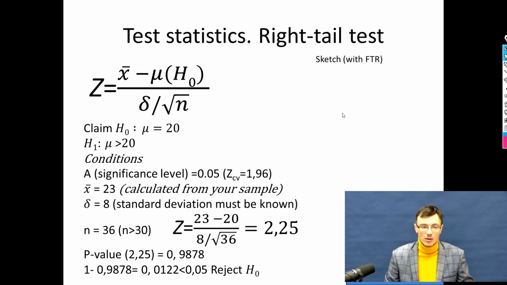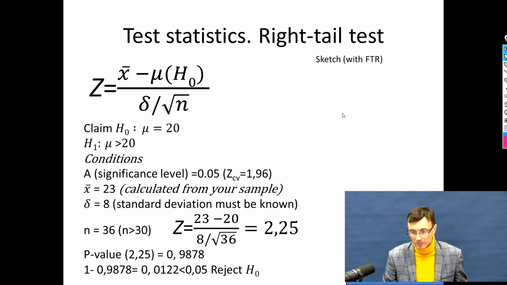But now we're claiming that it's not 20 and it is more than 20 because we have some data and some calculations, and our mean is 23 as you see, and the standard deviation is known, and our sample size is 36, so it's more than 30, and we use that criterion.